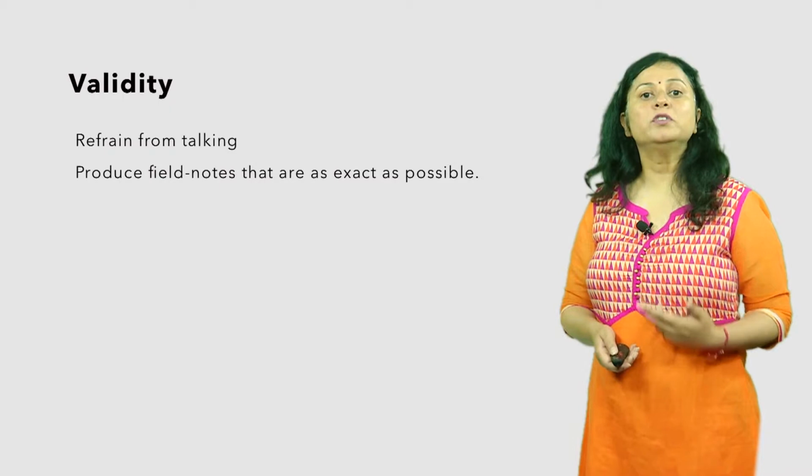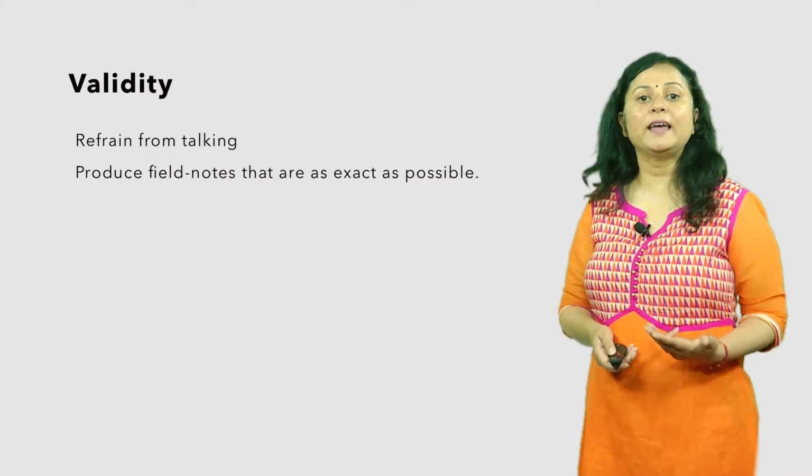To bring about validity in the research process, Wolcott has suggested some guidelines. They are: one should refrain from talking when you are in the field, and listen as much as possible. Secondly, produce field notes that are as exact as possible.